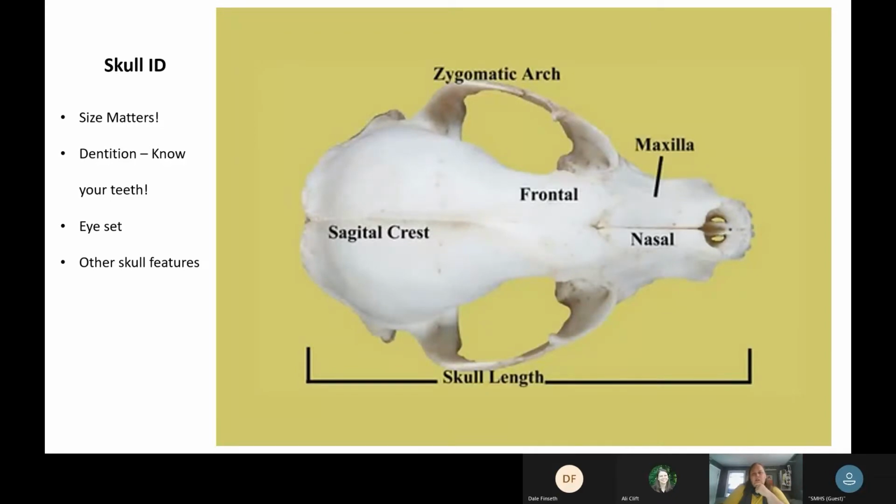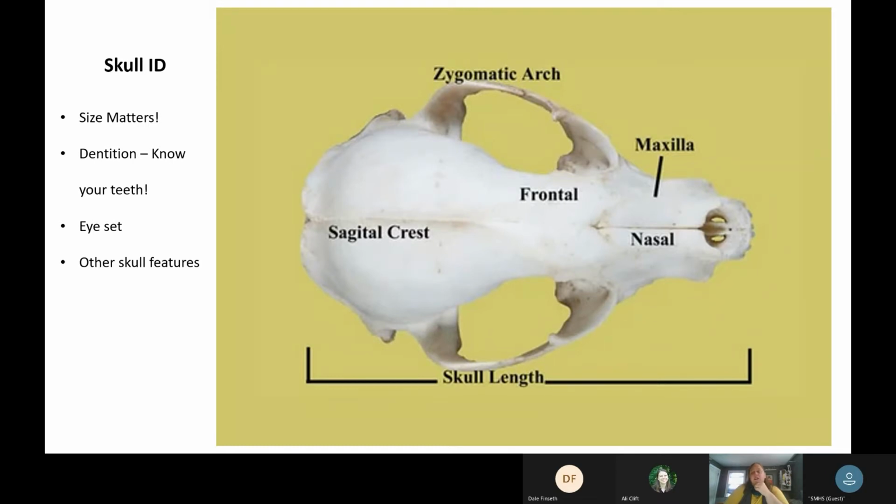The length and width of that skull is probably the first comparison I would have you look at. Without something to measure against, it's hard to tell how big the skull might be.